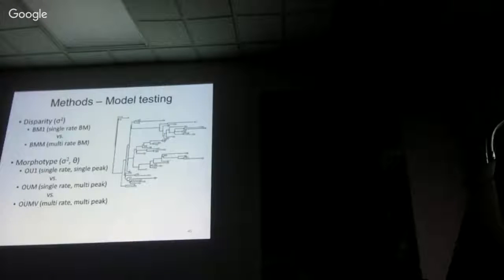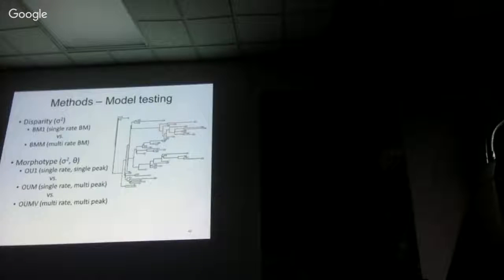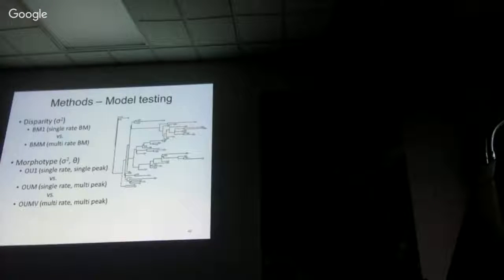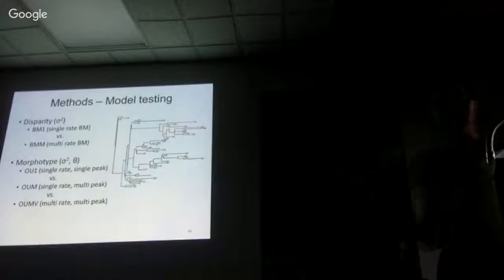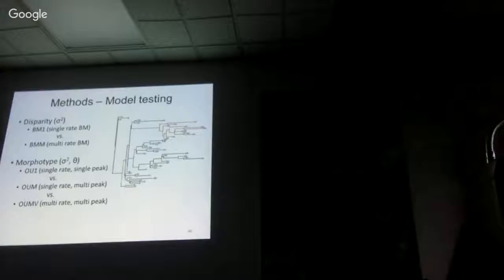OUM is a single rate but multi-peak model and assumes different optimal values for the red clade and for the black clade, but they still have the same level of disparity. And finally, the OUMV model is a multi-rate, multi-peak model and assumes that both clades differ in their level of disparity as well as their morphotype.